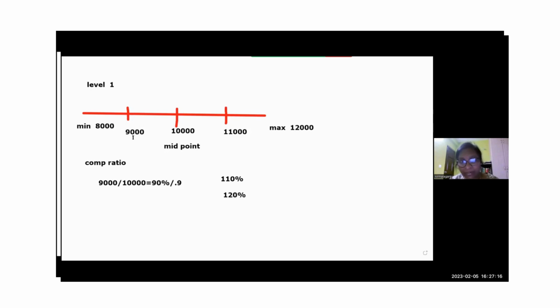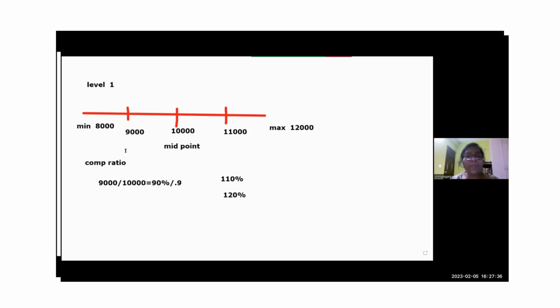And okay, fairly competent. So typically with the help of these Compa-ratios, I then decide on my promotion policy, my recruitment policy, that is hiring policy, my fitment policy, etc.